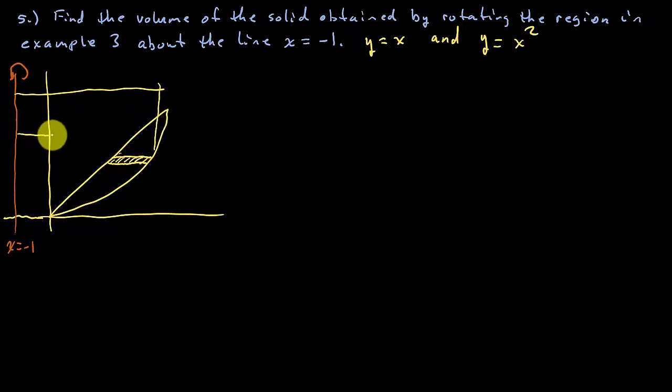And from the line we're rotating it around to the closest point on the rectangle, that's little r. So this is big R, this is little r. The thickness of our rectangle is delta y. So we know that big R and little r are going to be in terms of y.